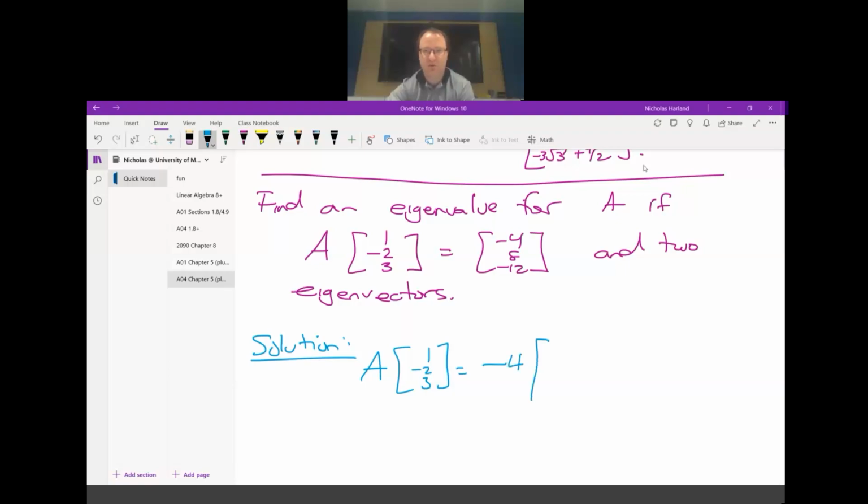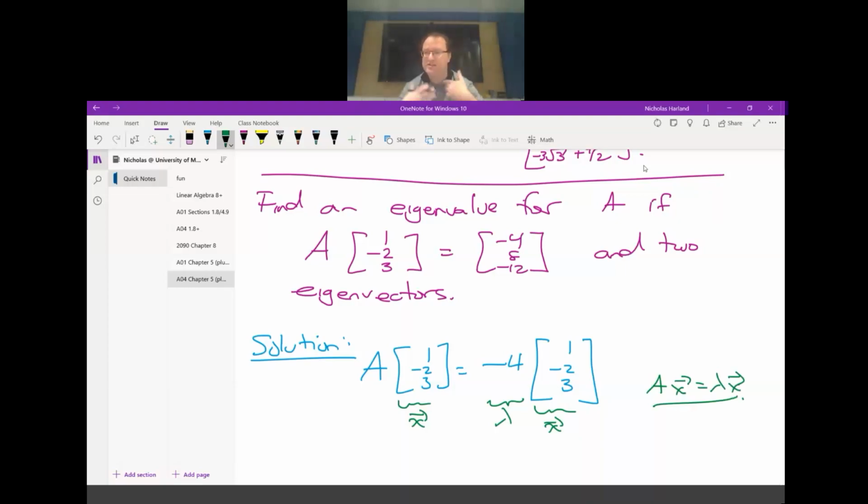Factor out the -4, (1, -2, 3). In other words, here's x, here's lambda, here's x, and we get Ax is equal to lambda x, and x is not 0, which is exactly what being an eigenvalue is all about.